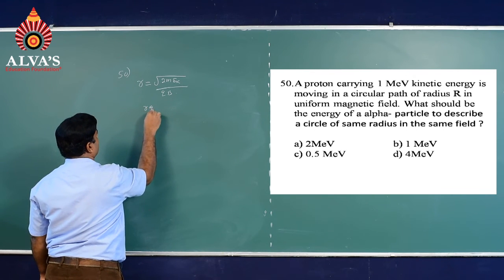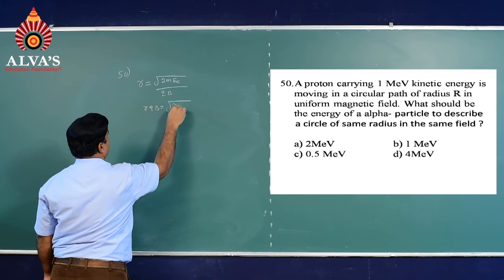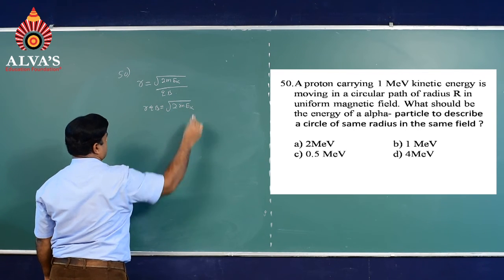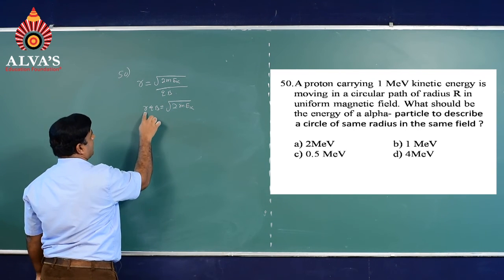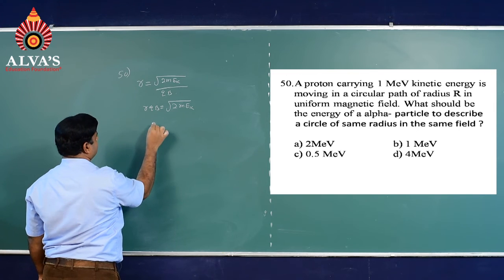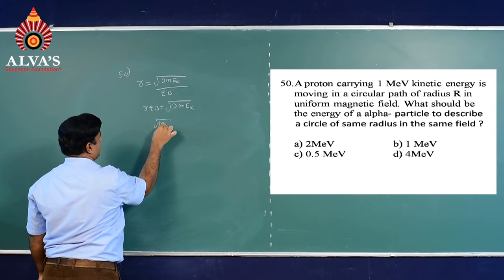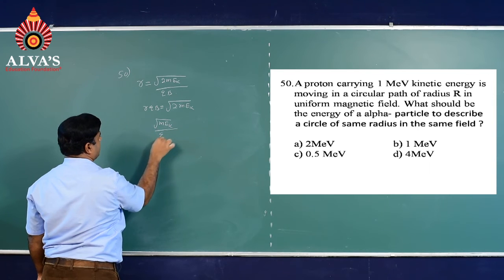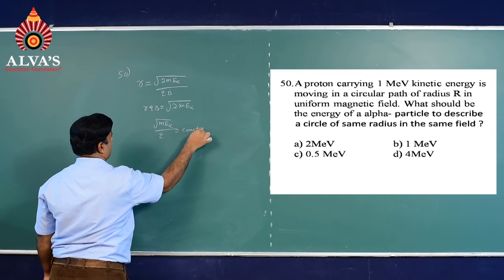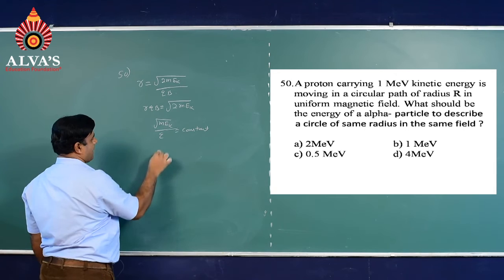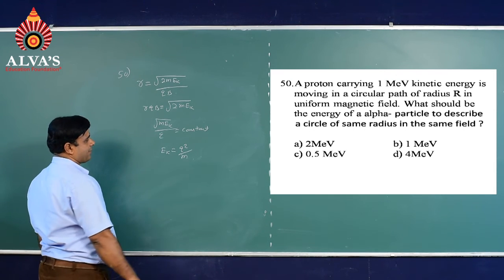So, r into qB is root of 2m into Ek. Therefore, r constant, B constant, root of m Ek divided by q equal to constant, Ek equal to q square by m.